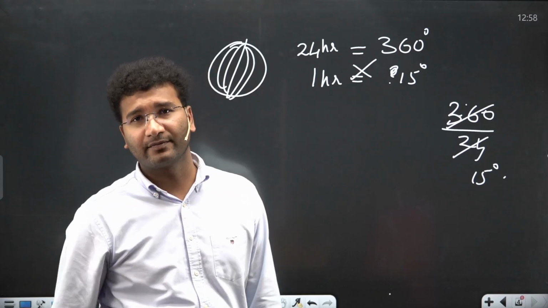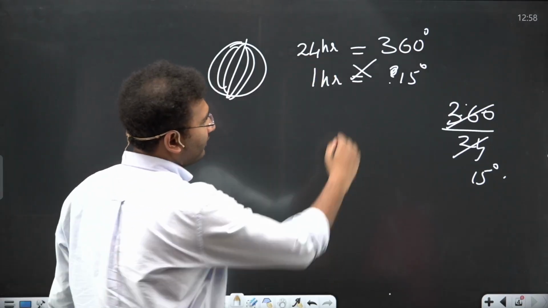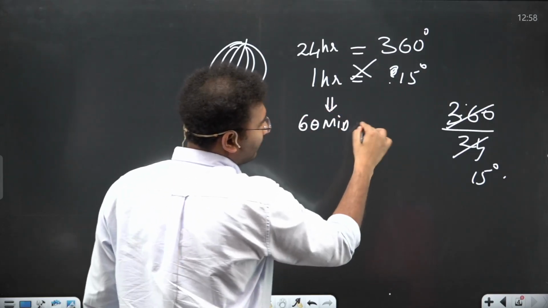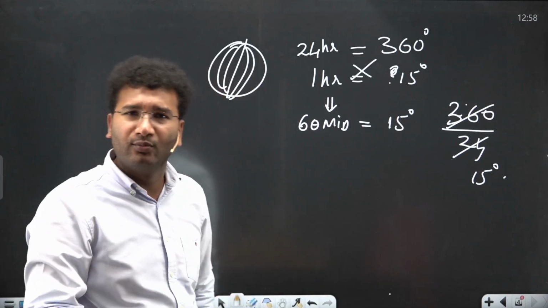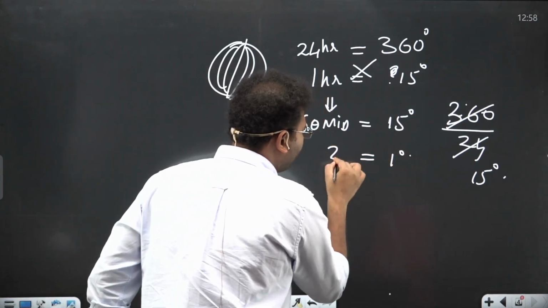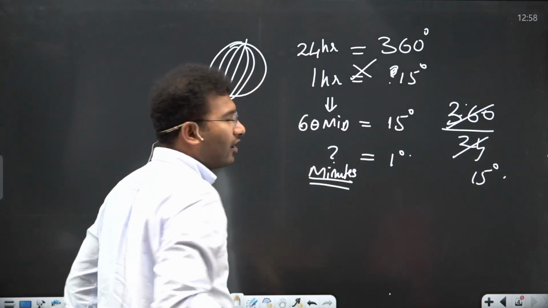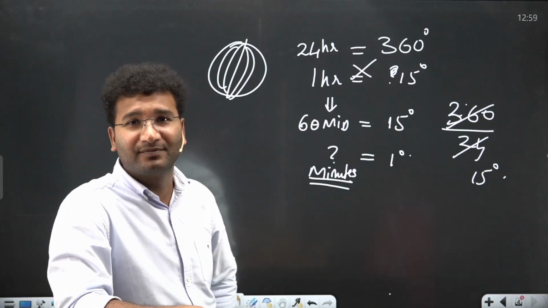15 degrees. Now likewise, let me calculate, if 60 minutes is equal to 1 hour, in 60 minutes we are able to move 15 degrees. Now 1 degree will move in how many minutes? You calculate and tell me.